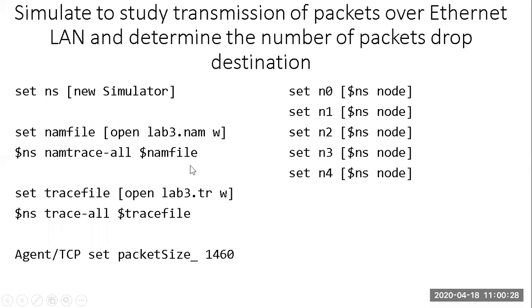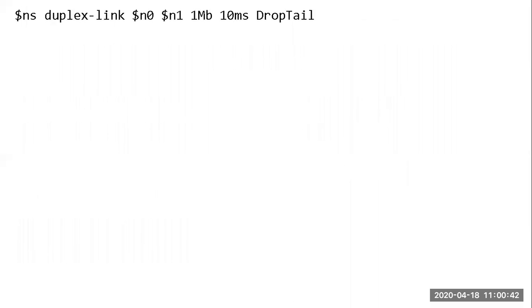Later we create nodes N0, N1, N2, N3, N4. Once we create the nodes, there is a link between N0 and N1. Let me write a diagram to show how N0 connects to N1. There is a connectivity, a link, between N0 and N1. Probably this I'll call 1, and this I'll call 2.